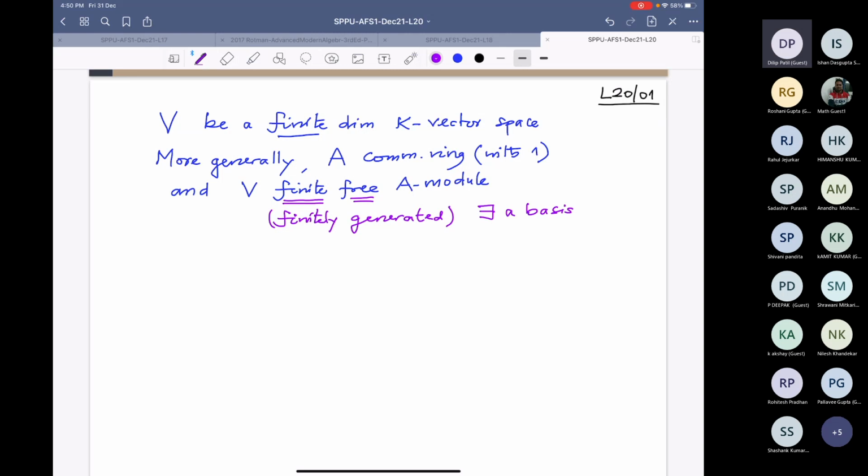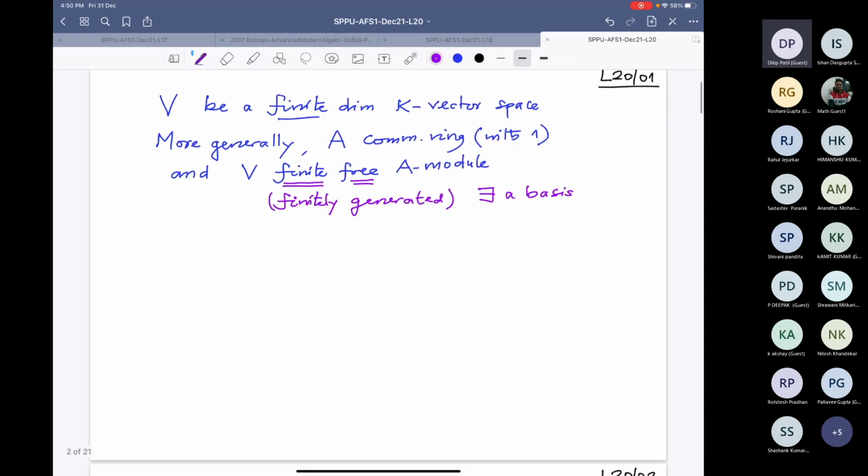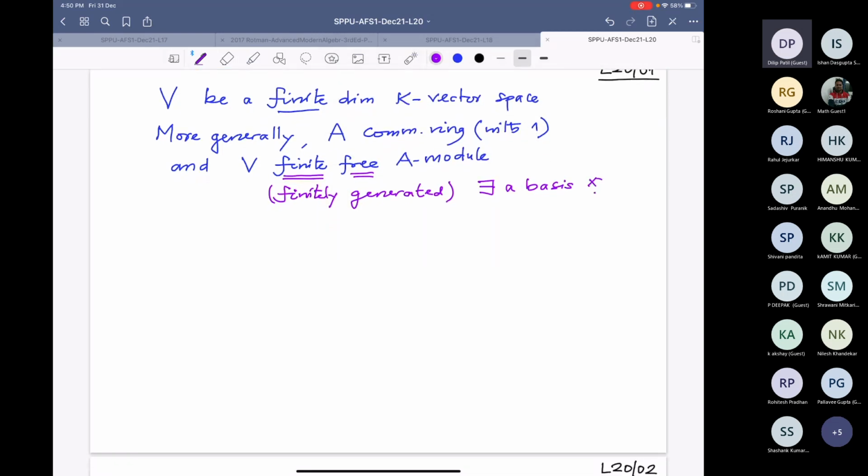That basis I will write as x_i, i in I. So this I is a finite index set. If you are getting confused, you should take I equal to 1 to n.